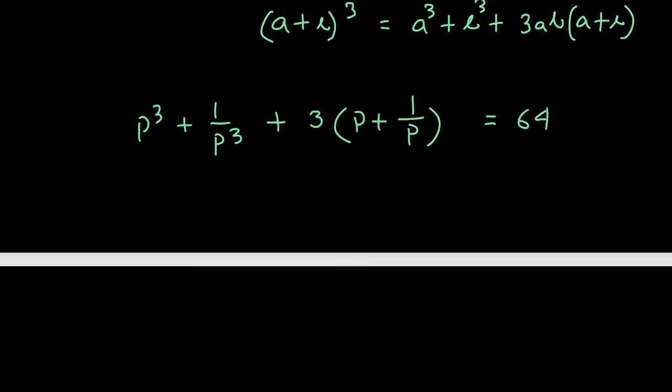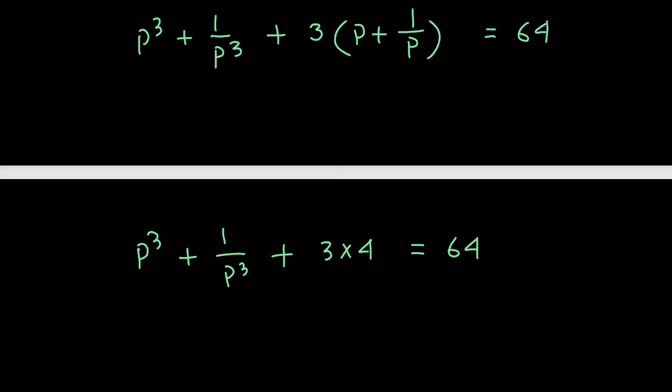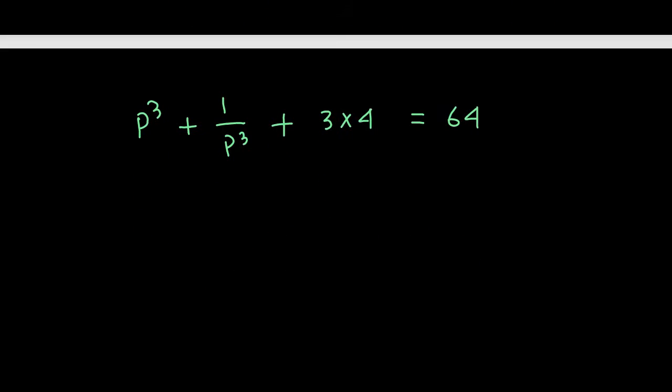But we know the value of p plus 1 by p as 4, so we can write p cube plus 1 by p cube plus 3 times 4 equals 64. From here we have p cube plus 1 by p cube plus 12 equals 64.